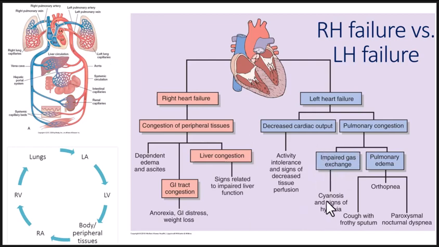If we can't properly exchange carbon dioxide for oxygen, then it can cause bluish discoloration of the skin, called cyanosis, and other signs of hypoxia, low levels of oxygen being received by our cells. Pulmonary edema, when we have all this fluid that builds up in the lung tissue that shouldn't be there, can cause people to actually cough up a frothy sputum. So you're getting fluid into your airways that isn't supposed to be there.